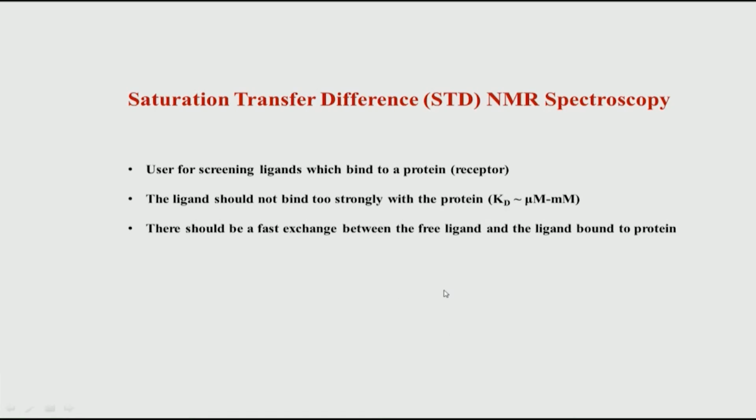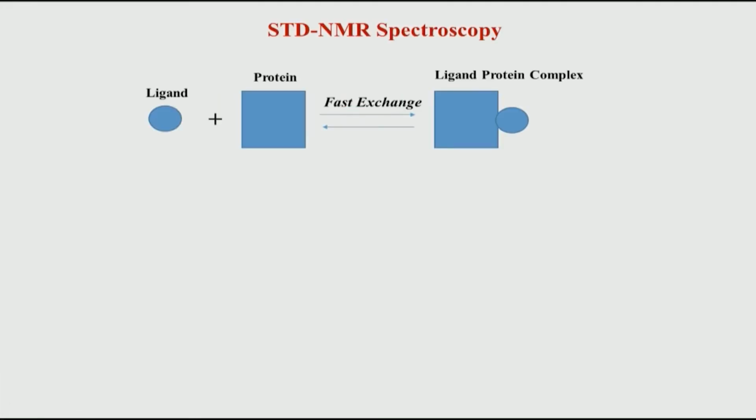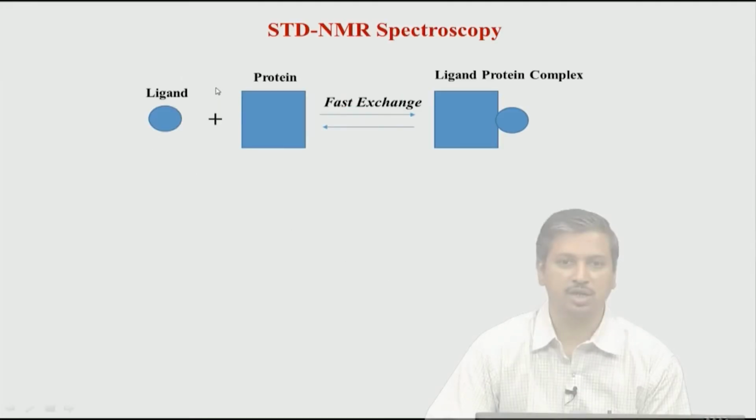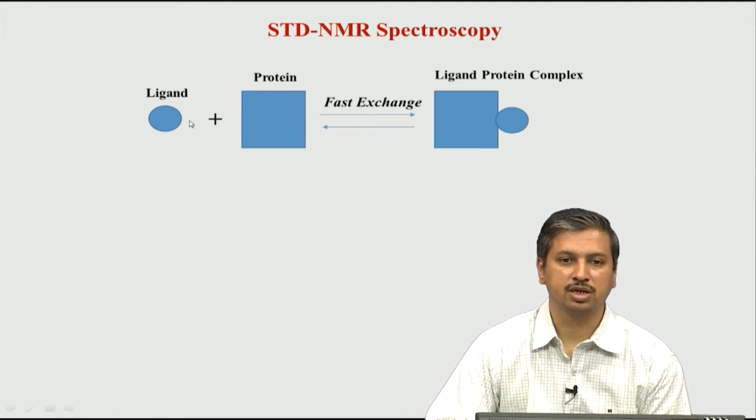So, let us see how this works. This is just a schematic drawing. Imagine that this is a ligand and this is the protein, and this ligand binds to the protein. It forms a complex, but this is a fast exchange process, which means it dissociates readily, goes back to this form, associates, comes back, and so on.